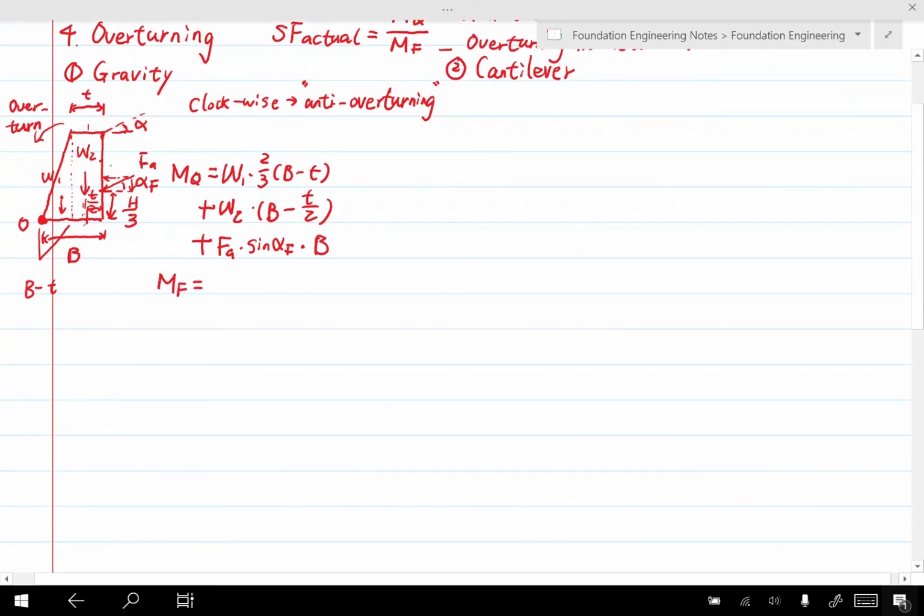MF: if we take a look at all the forces, you will find that only the horizontal component of FA can generate a counterclockwise moment. That's the overturning moment.